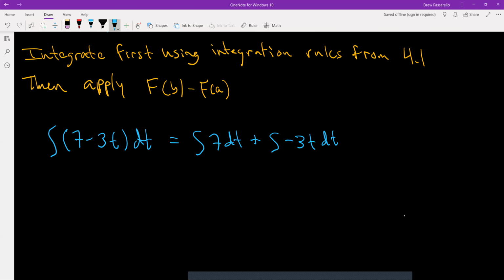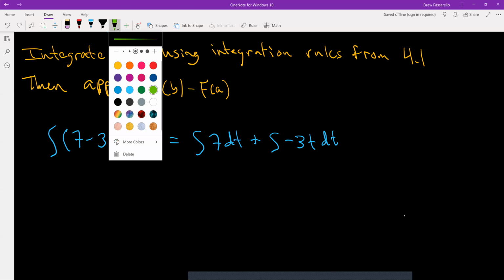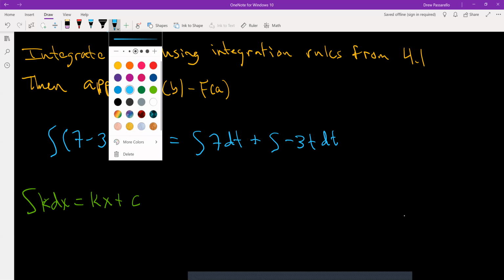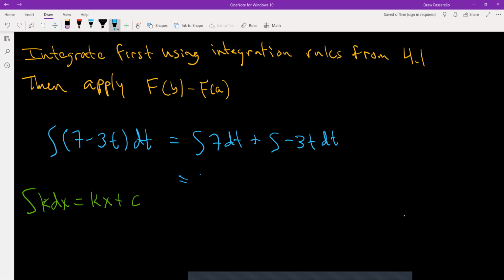So from our rules of integration, one of the rules is that if I integrate k, some constant, it turns into that constant times the variable. So in this case, 7 dt turns into 7t. Another thing I can do is I can factor out the negative 3 and focus on integrating t.